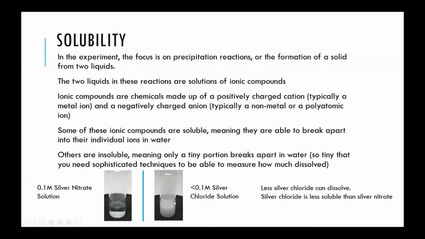There is an amount of silver chloride dissolved in that liquid on top that's incredibly small, but it is still there. Silver nitrate can dissolve more than silver chloride. It has a higher solubility.